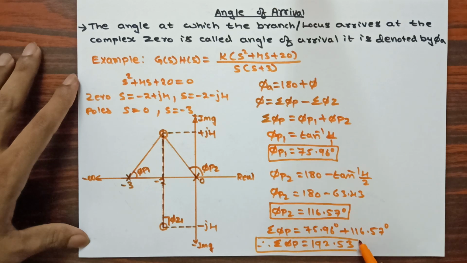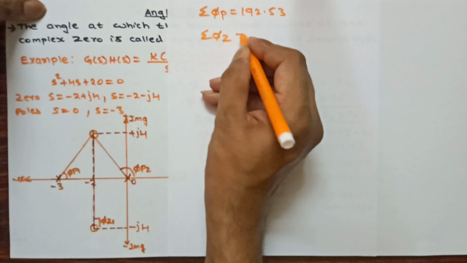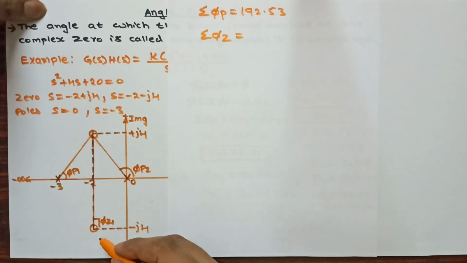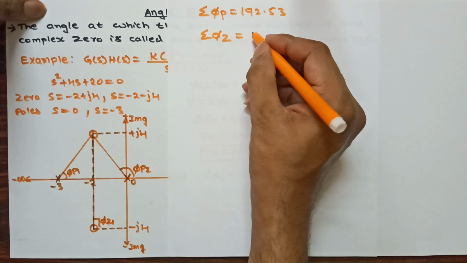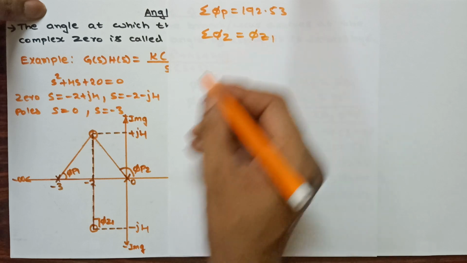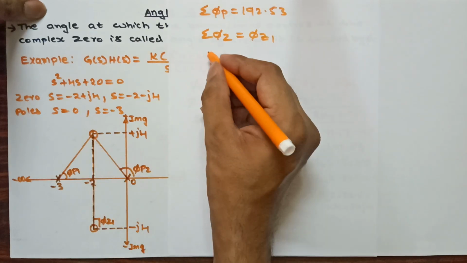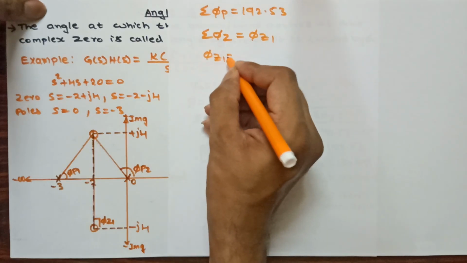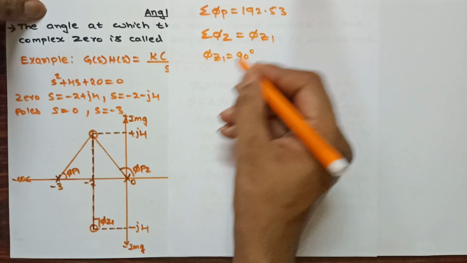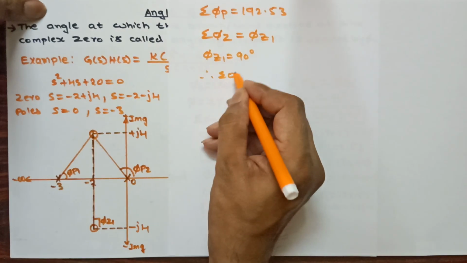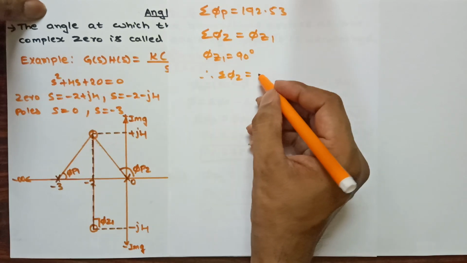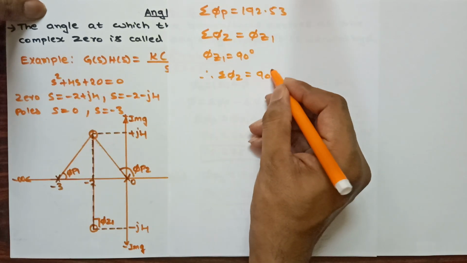Next I am going to calculate summation phi z. Summation phi z is equivalent to, in this I am having only one zero angle, that is phi z1, and phi z1 directly we can calculate here. Phi z1 is equivalent to 90 degrees. Therefore summation phi z is equivalent to 90 degrees.